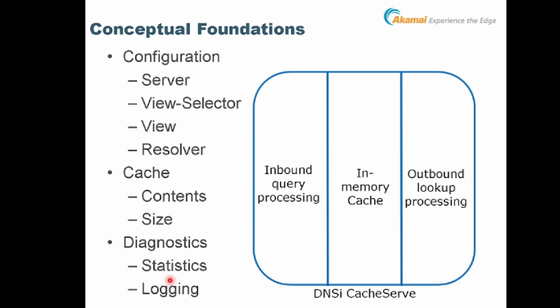There are other diagnostics around different statistics for how many queries are outbound, how many queries are inbound, all of this kind of stuff. So keeping in mind this picture, which is just a simple schematic, but nonetheless, remember this is how a caching server will work.